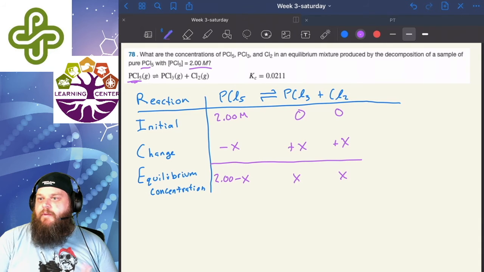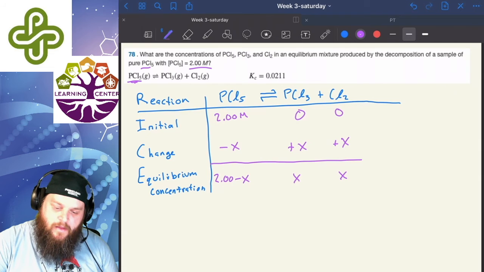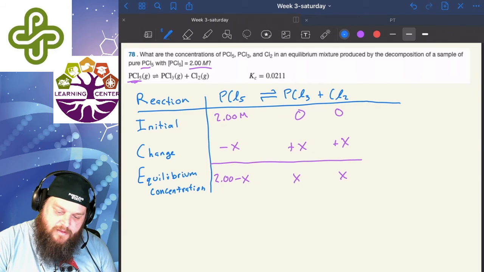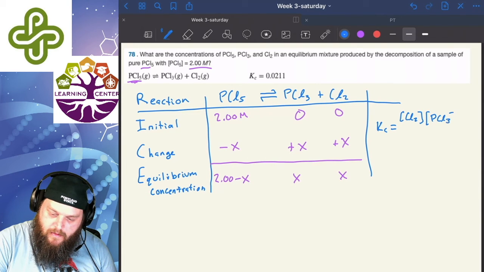So now we need to be able to plug that into an equation and solve for it. That equation that we're going to use is the equilibrium constant equation. So which is equal to the concentration of Cl2 times the concentration of PCl3 divided by the concentration PCl5.